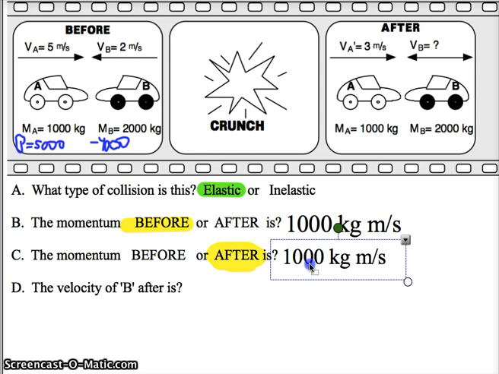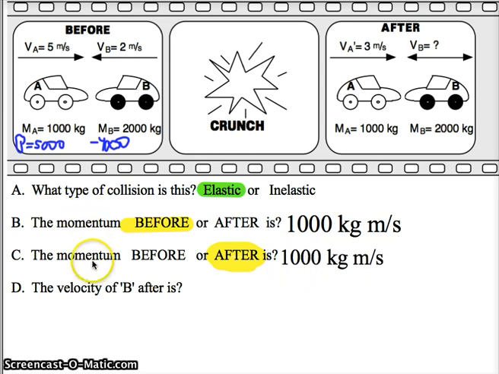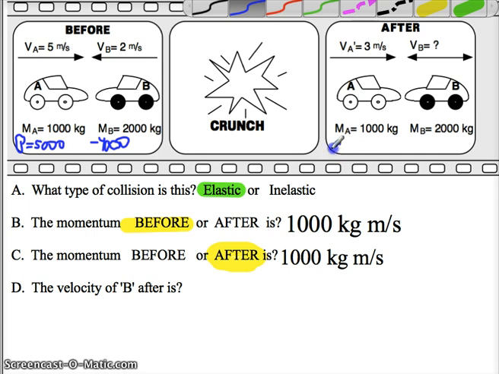Now, if you are only comfortable doing level C, you can stop. But let's go ahead and do level D, because there are some of us that need this. In the after side, notice that we have the information for the A car. So the A car's momentum should be 3,000 kilogram meters per second, because it is moving at 3 meters per second in the positive direction.